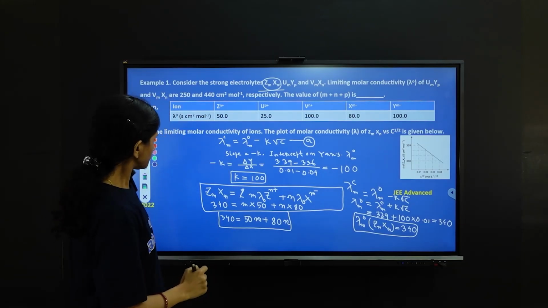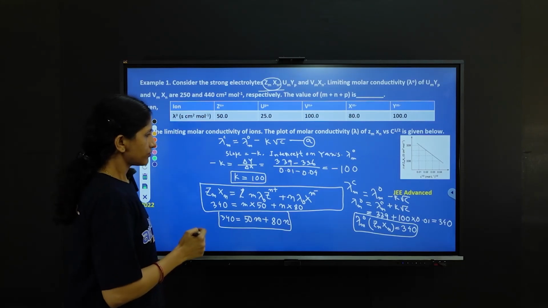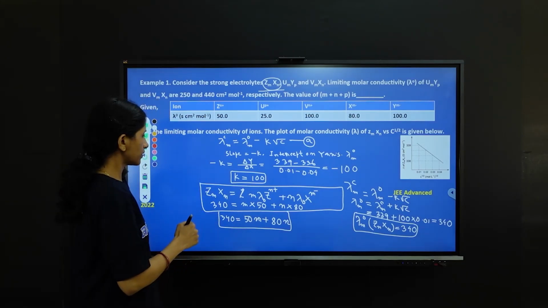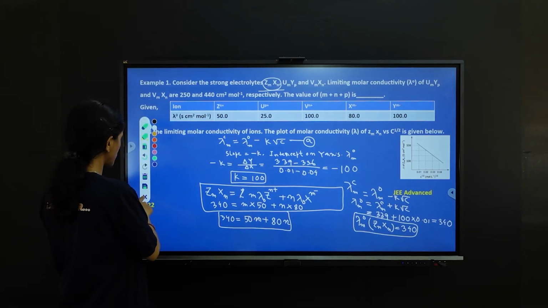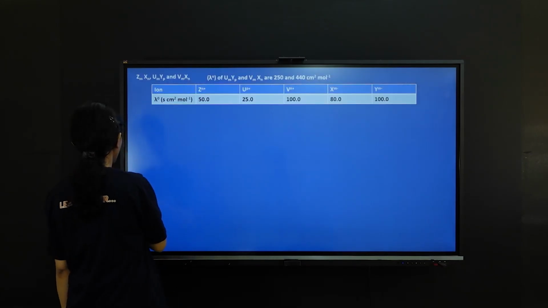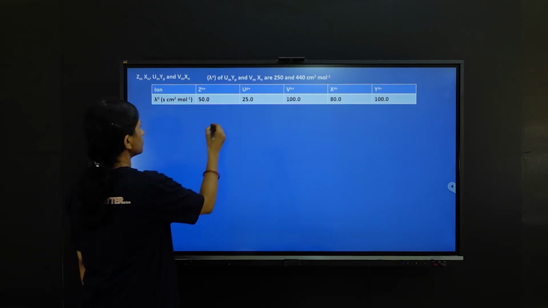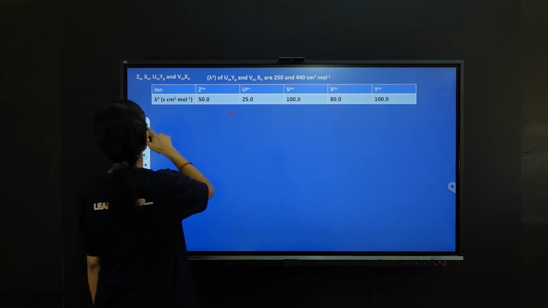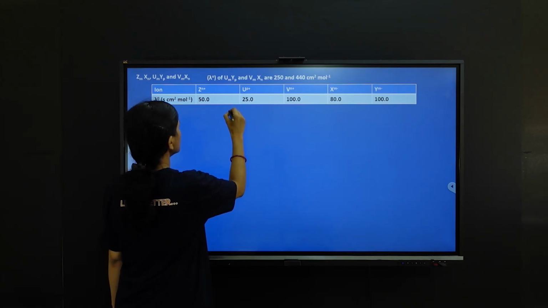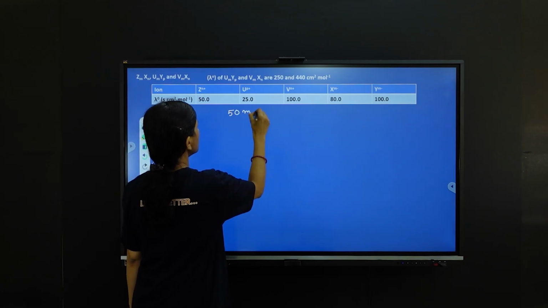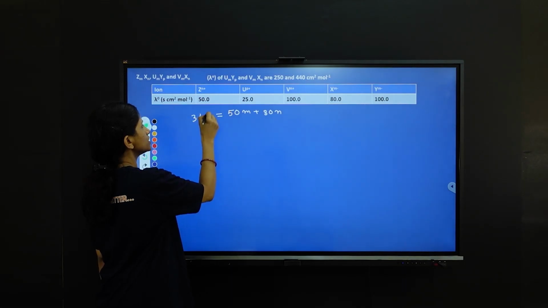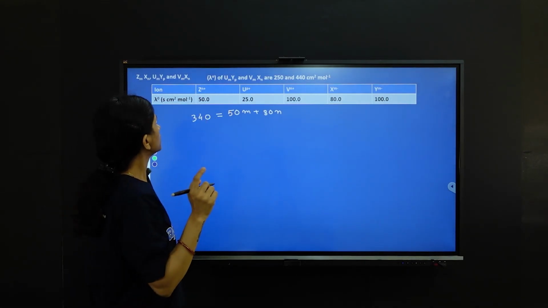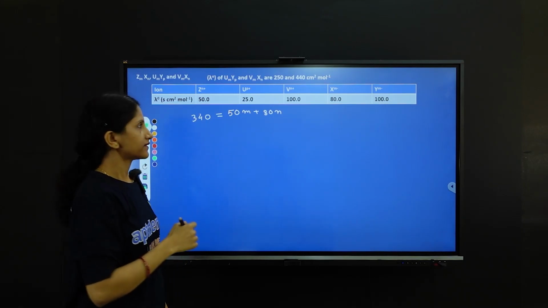Let's move on to the next slide. 50m plus 80n, I have to write it down here again, is equal to 340, which we have calculated for the first electrolyte ZMXN.